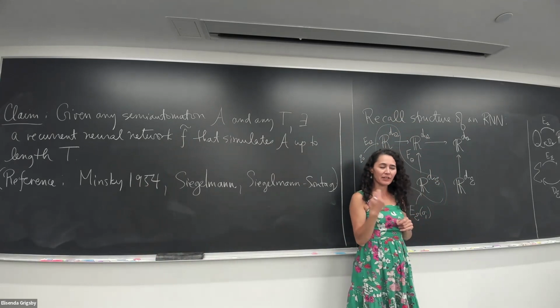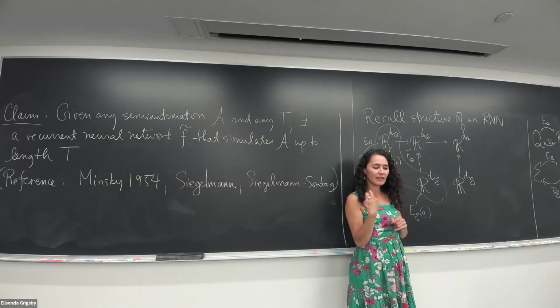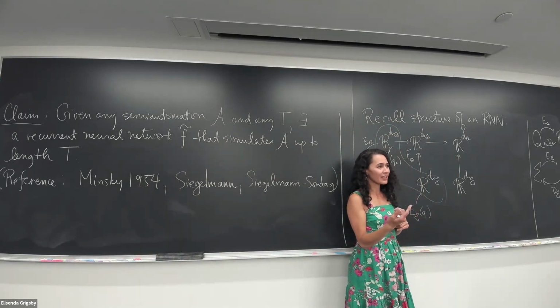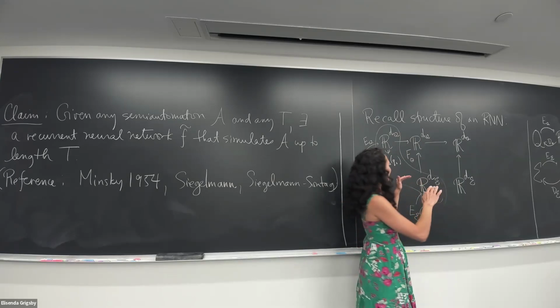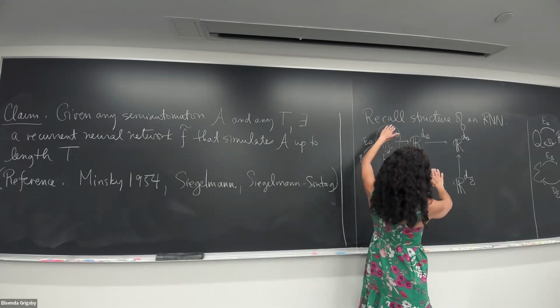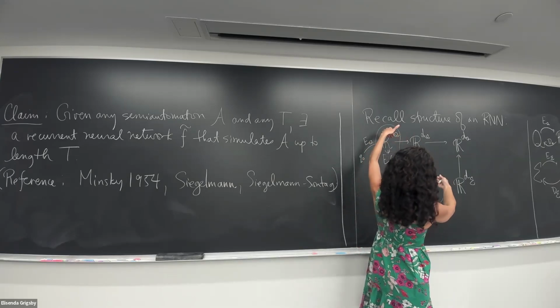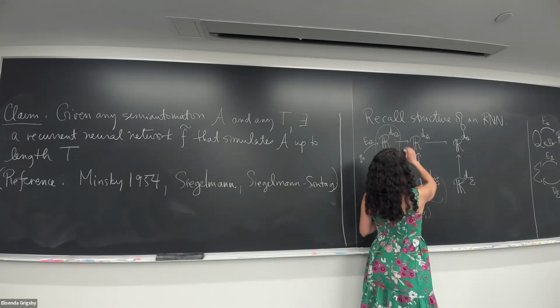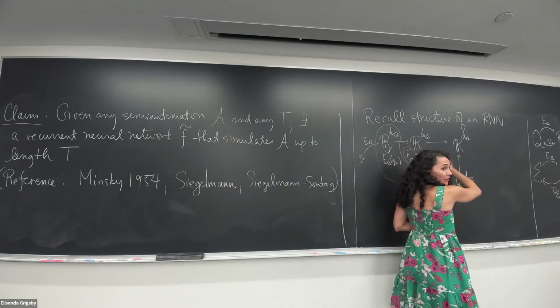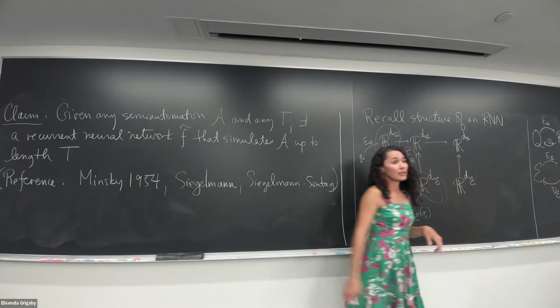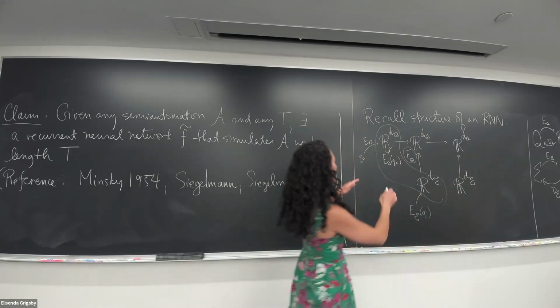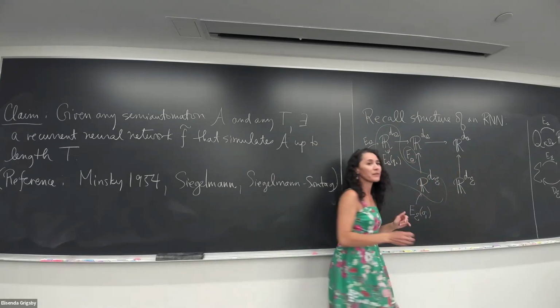But I also want to point out that the fact that it's an approximation result, and the other aspect of recurrent neural networks, is that you want this map to be the same for each of the layers. So you're really encoding everything with this single map.